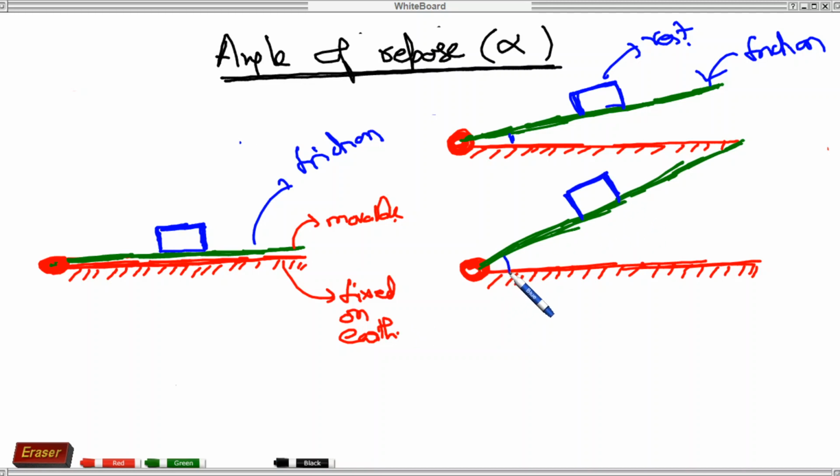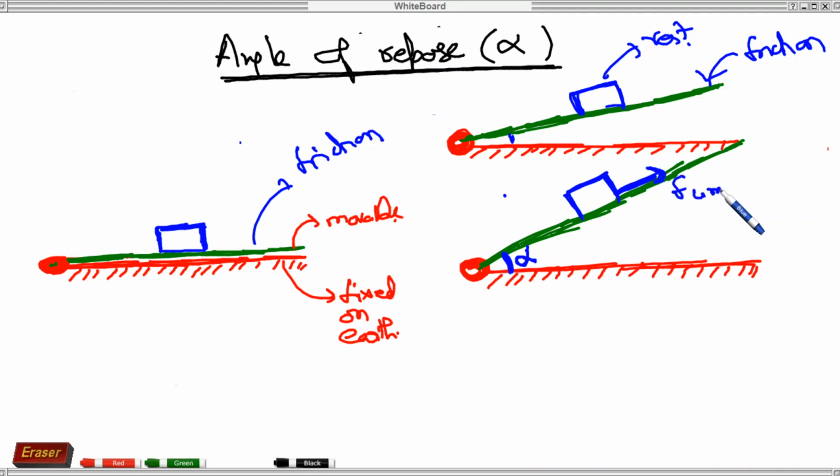If I am going to increase it a bit more than this angle, this block will start sliding down here. So limiting friction will be acting in this direction.